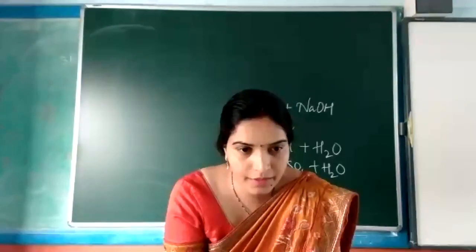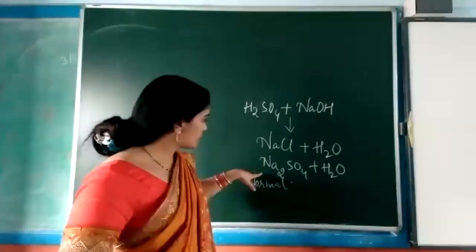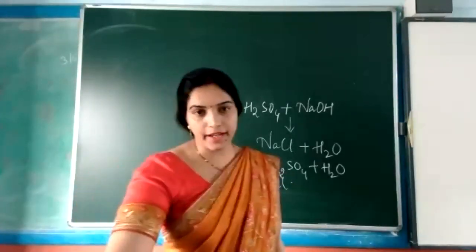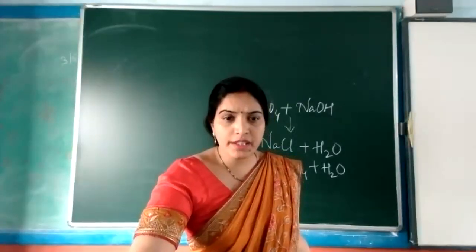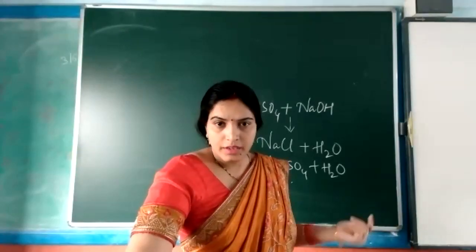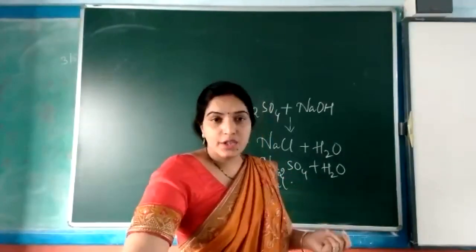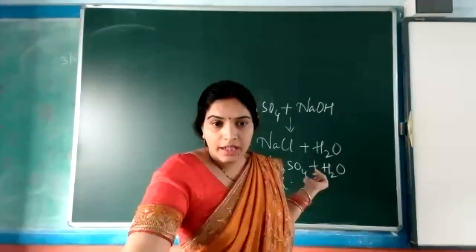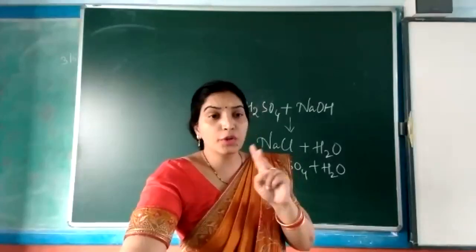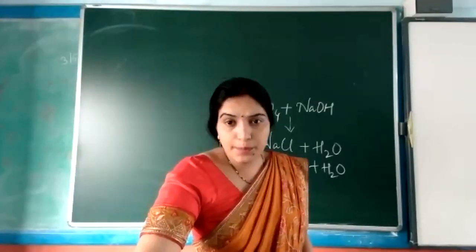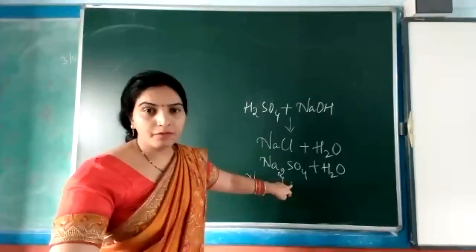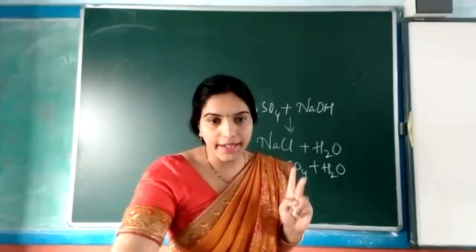Is that clear? Now, the next salt, Na2SO4, sodium sulfate. This one is also a normal salt because it does not contain any hydrogen atom. When this normal salt dissolves in water, it also forms two different types of ions, one positive and the other negative: 2 Na plus and 1 SO4 2 minus, the sulfate ion.